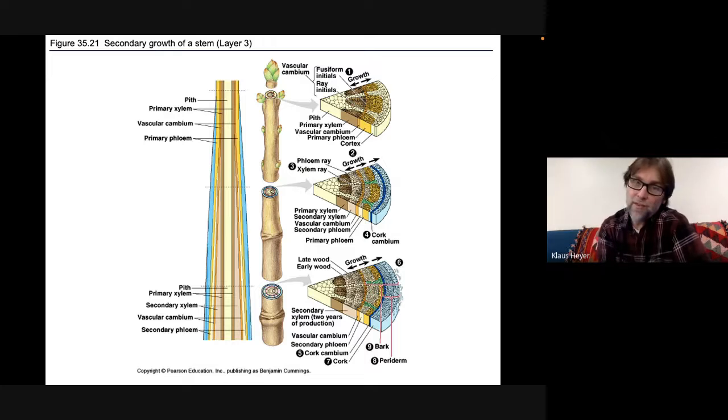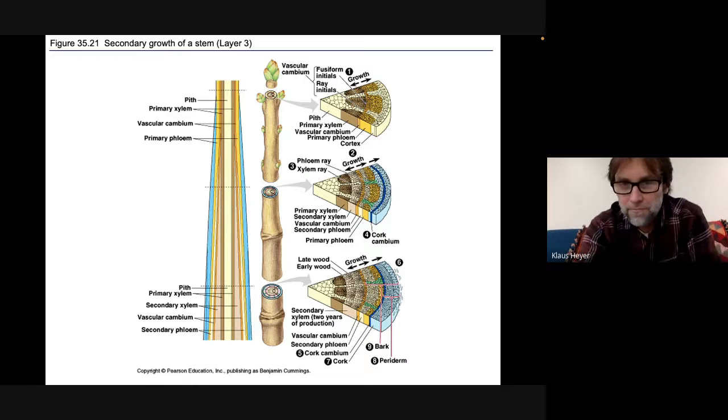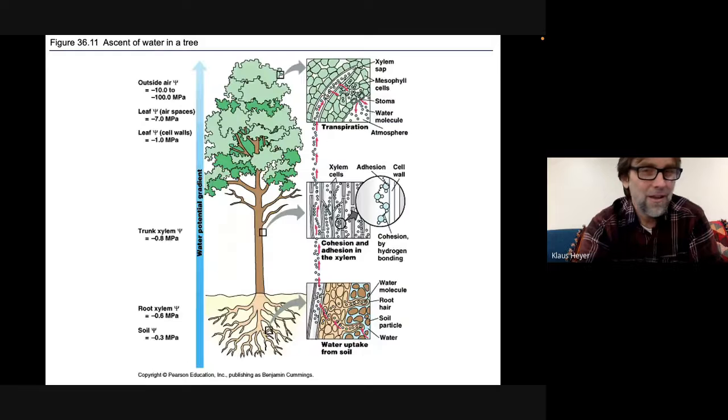Parenchyma, thin cell wall. Collenchyma, the middle one, unevenly thick. See what I did with a question? I took somebody's very simple question, and I just turned it into a long thing.